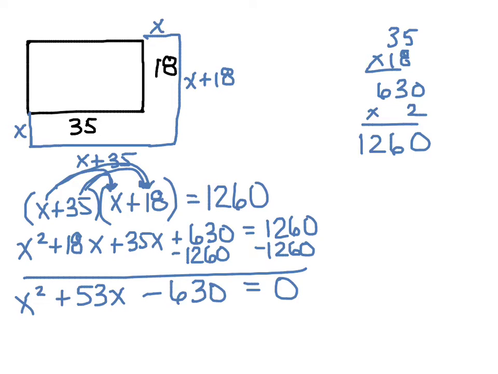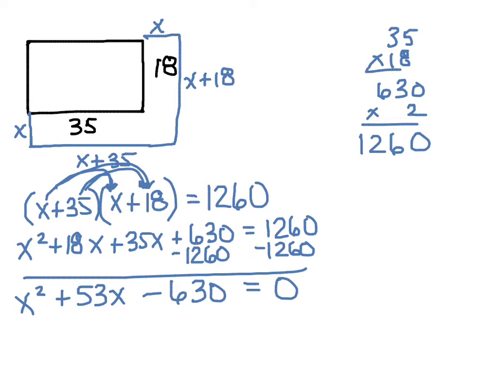So I'm going to help you. The first thing I thought of, instead of going, well, 2 goes in there 315 times and 3 goes in there 210 times, I looked at it this way. 630 ends in 0, correct? What if I divide that by 10? What would I get? 63. Oh, I got a 63 and a 10. Can I use 63 and 10 somehow to make a 53?